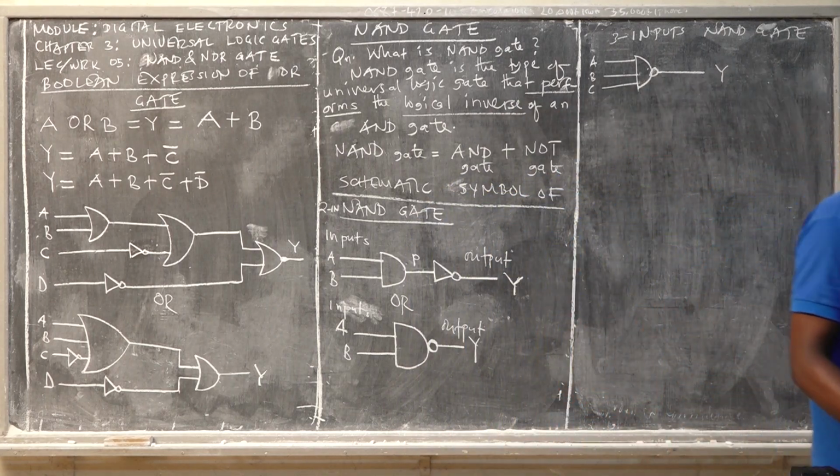NAND gate means that the inputs are firstly fed into the AND gate, and then the output of the AND gate is the input of the NOT gate. That's all.